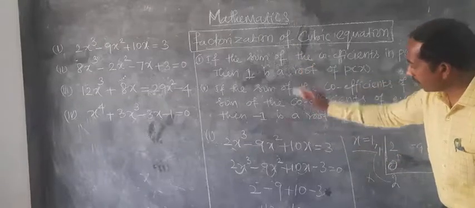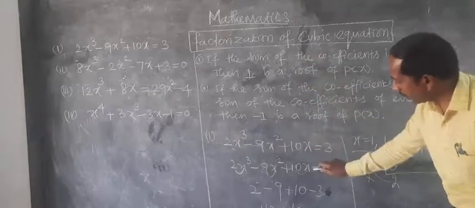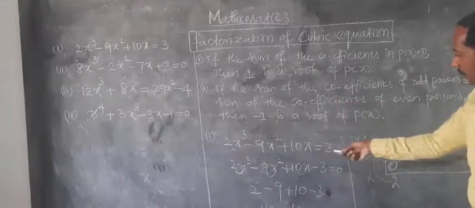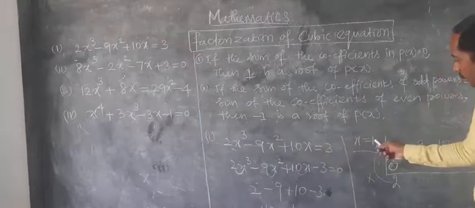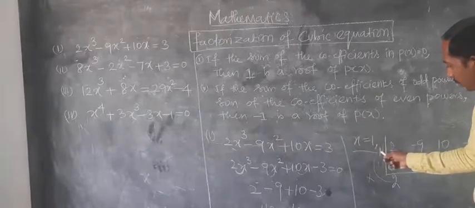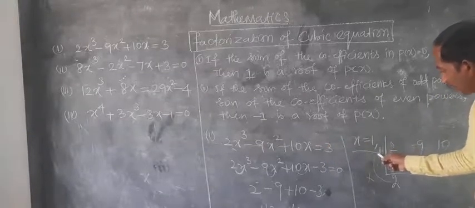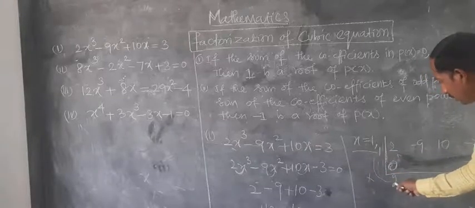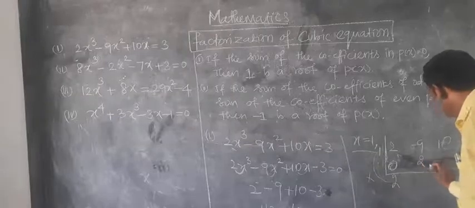We verified the condition is okay, we got 0, so we accept x equal to 1 is a root of the cubic equation. So now you use the 1 in the synthetic division. Use multiplication: 1 into 2, 2. Just write it here.